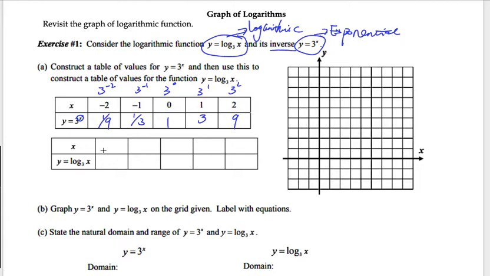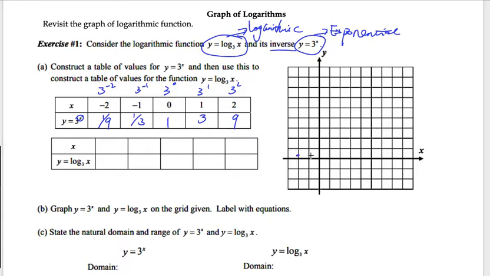So now we are going to plot these points on the graph, and let's see how it looks. For these values, we know they are very, very small, close to 0. It's not really touching 0, so we are just going to estimate the position. When x equals negative 2, y is 1 over 9, so it's a very, very low position.